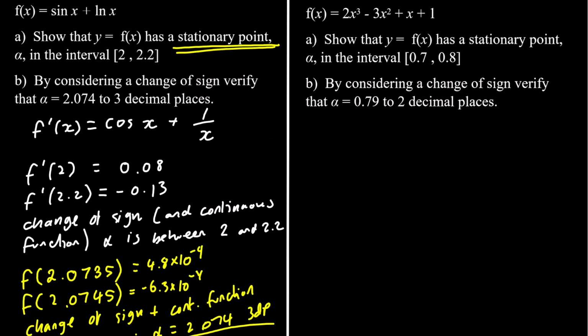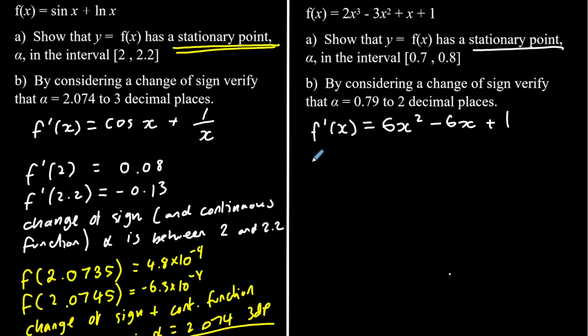So again, we're looking for a stationary point, which will be a turning point. This time the interval is between 0.7 and 0.8. So we want the gradient function. We don't want the original function. It's not a root. It's not where it crosses the x-axis. We want to know where it turns. So just differentiate it, times by the power, take one off the power.